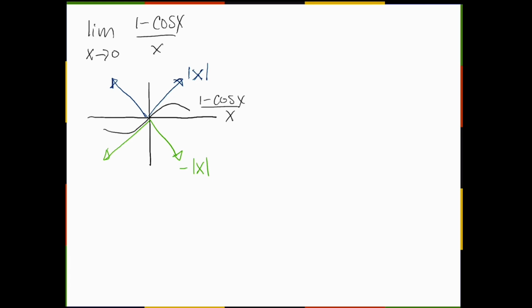So I can write this inequality. Negative absolute value of x is less than or equal to 1 minus cosine x over x, which is less than or equal to the absolute value of x when I'm in that area around x equal to 0. Now, I'm going to take the limit of all three parts of this compound inequality.